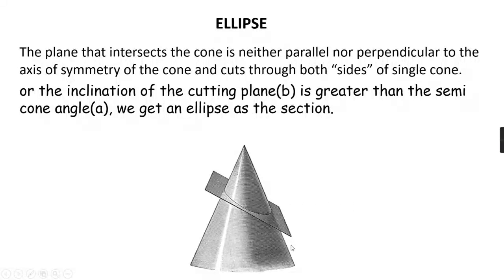In the picture you can see this plane is making an angle B from the vertical line, which can pass through the axis also.